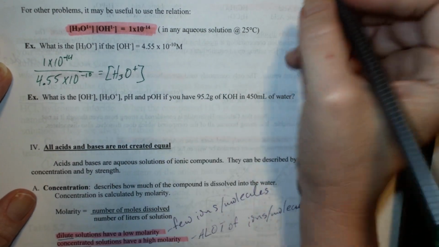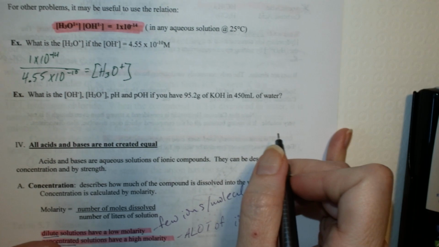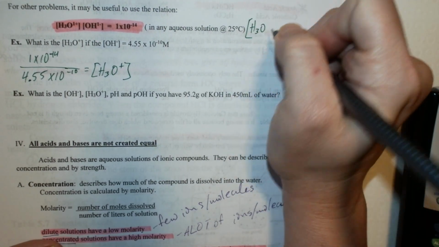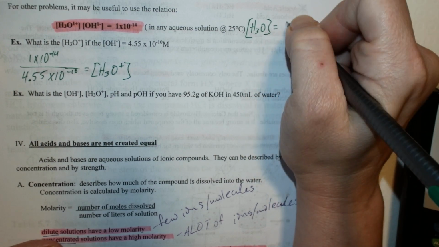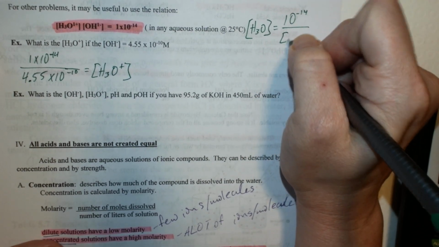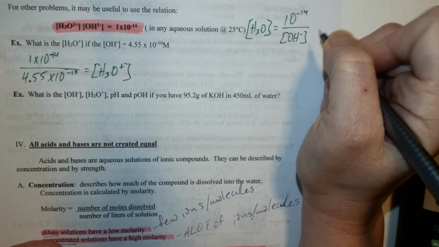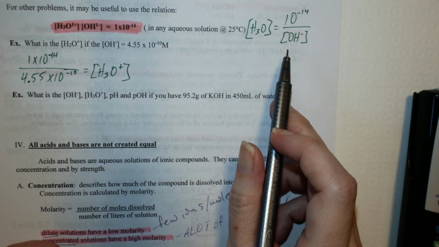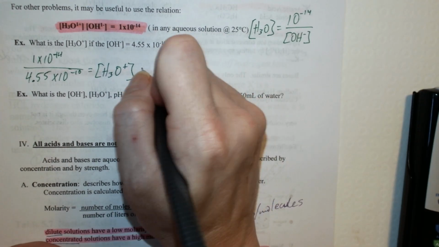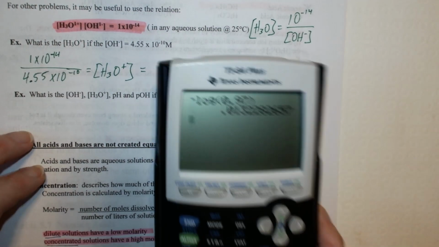I just rearranged this formula. So my hydronium ion concentration now equals 1 times 10 to the negative 14 over the hydroxide ion concentration. So all I did was divide both sides by hydroxide to get that formula, and I plugged it in. That's it. So what's tricky is sticking it in your calculator.